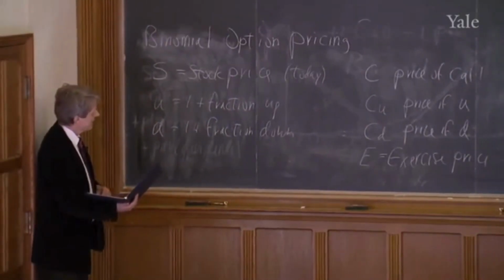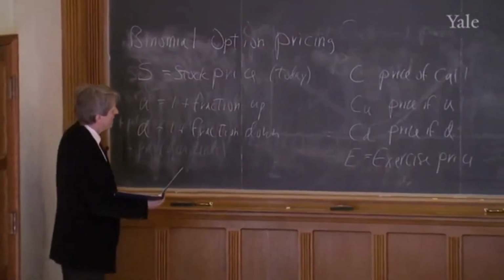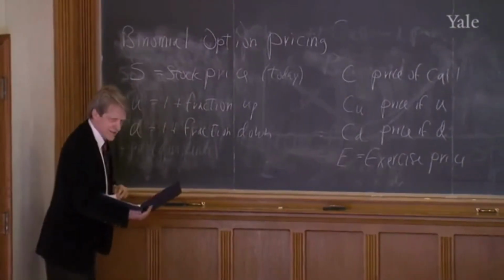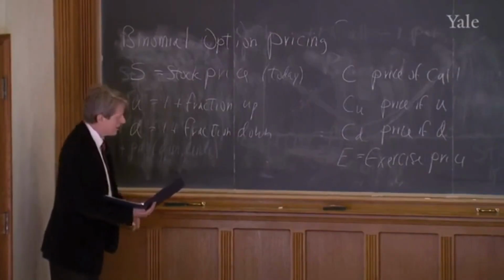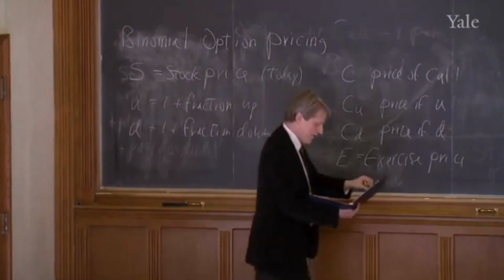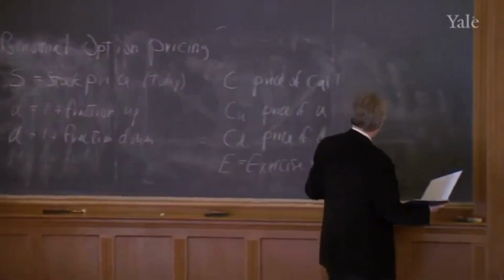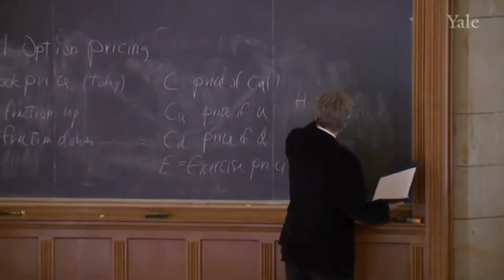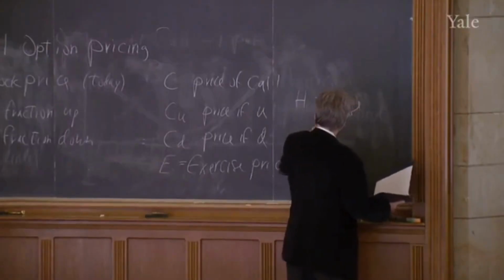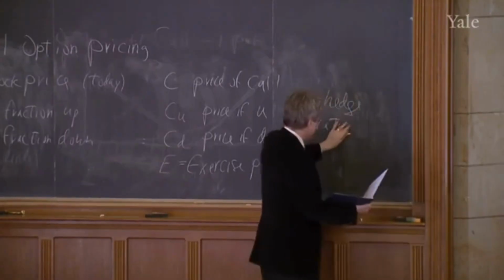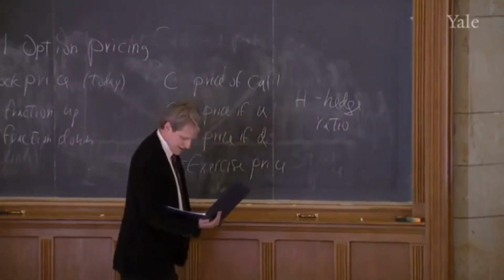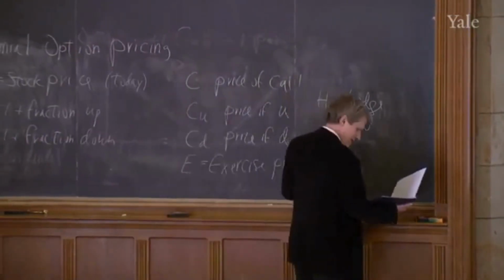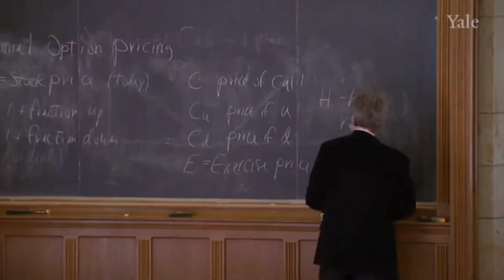Now, what I want to do is consider a portfolio of both the stock and the option that is riskless. And I'm going to buy a number of shares equal to H. H is the hedge ratio, which is the number of shares purchased per option sold.